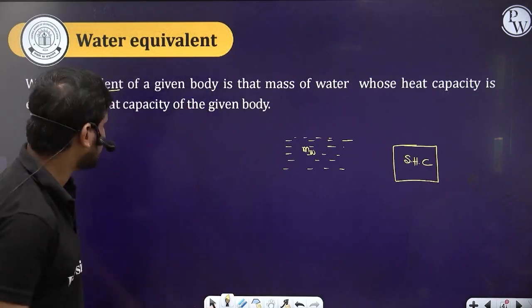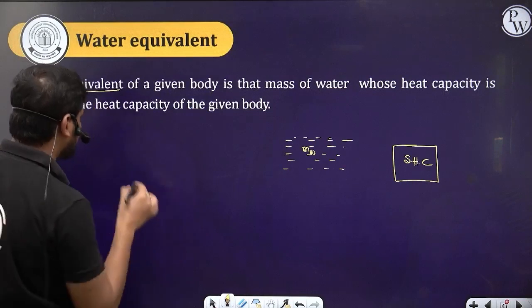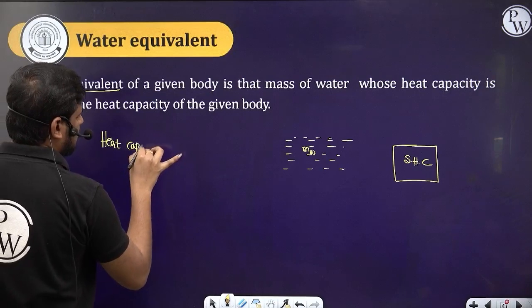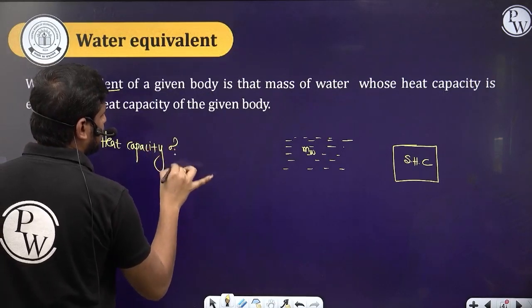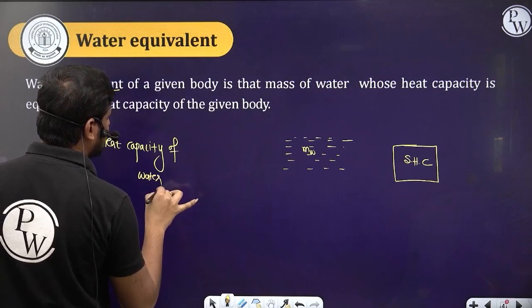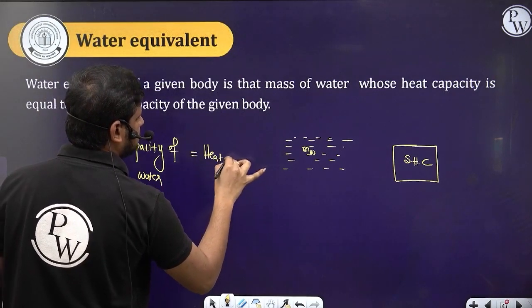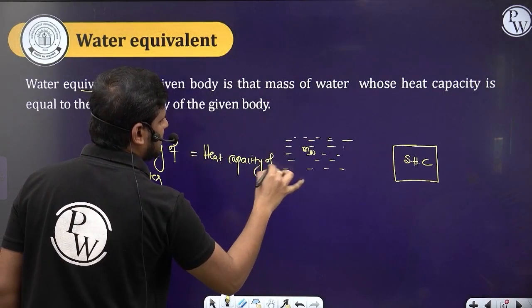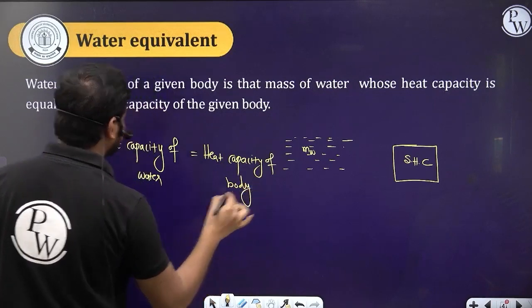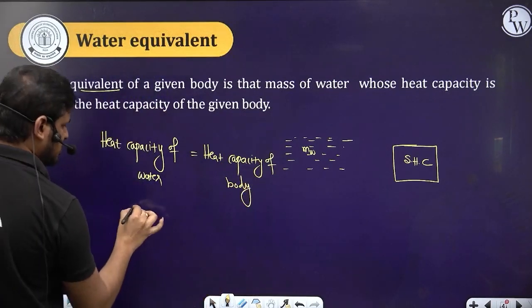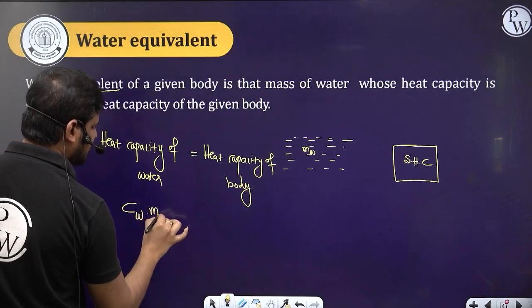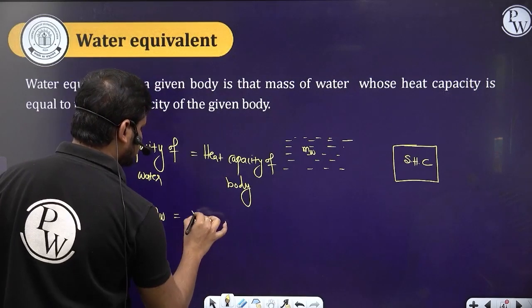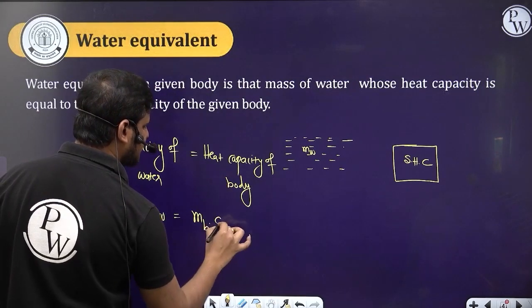So the heat capacity of water should be equal to the heat capacity of the body. What is the heat capacity formula? Just now I wrote it. So cw into mw, the specific heat of water into the mass of water, is equal to the mass of the body into the specific heat of the body.